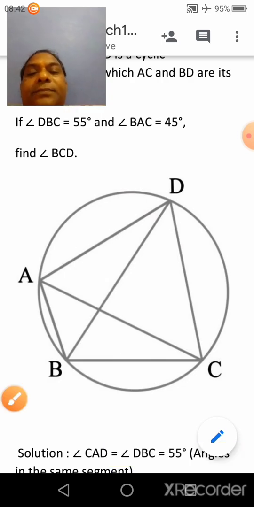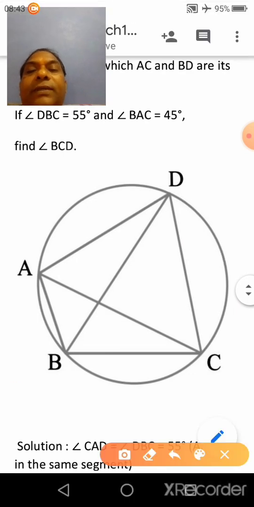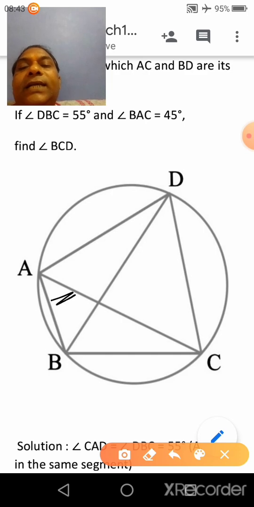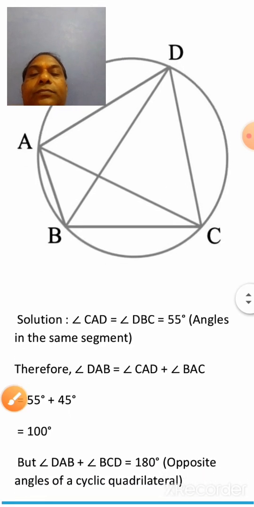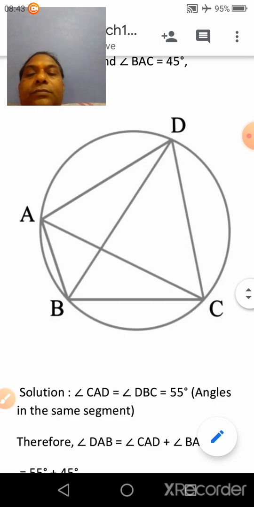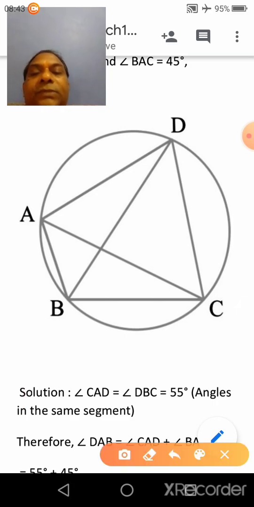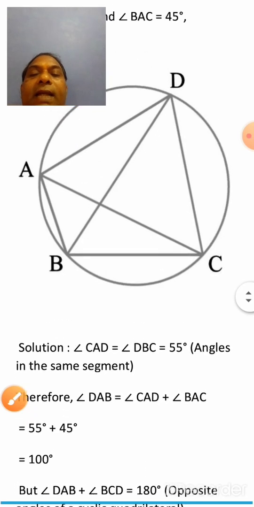Similarly, angle BAC is equal to 45. Angle BAC means this angle is 45. So now see here, angle DAB.